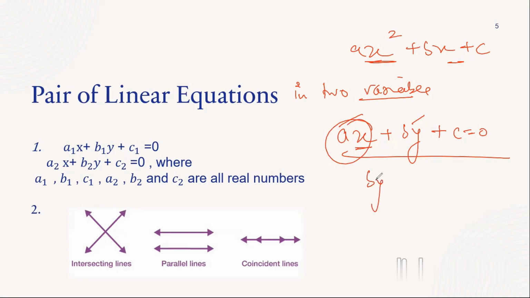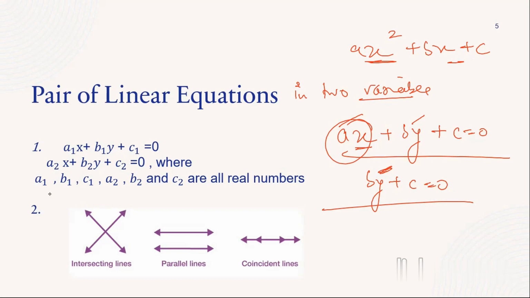So what is the equation now? It is a linear equation only in one variable, which is y. A, B, C are not the variables we are counting. A, B, C are the coefficients only, right? Sorry, the coefficients are A and B, and C is the constant. So always remember x and y we take as variables in a pair of linear equations in two variables.